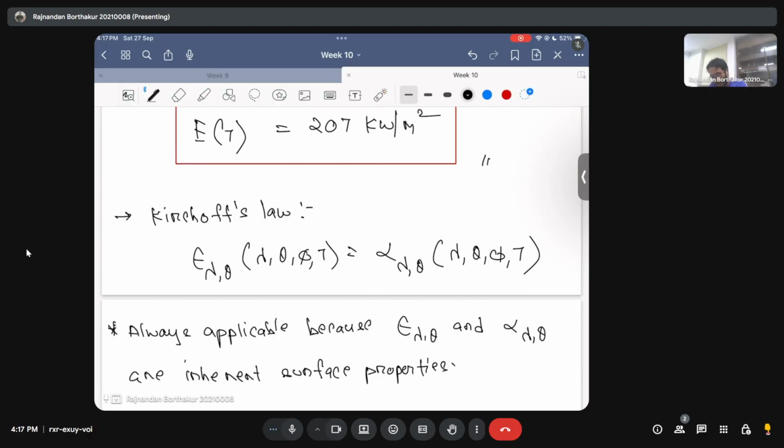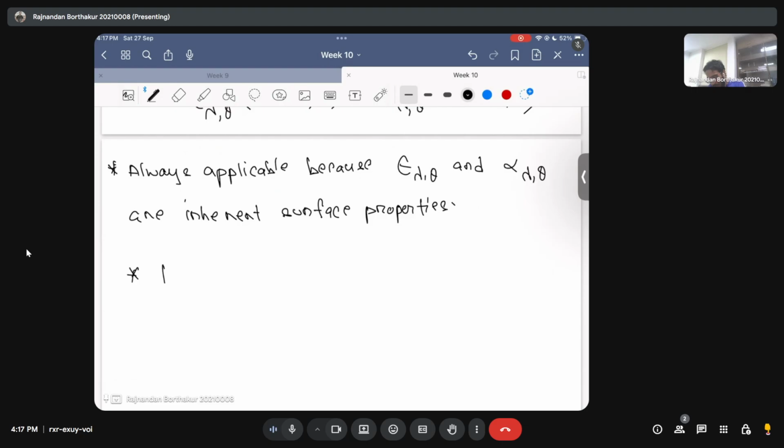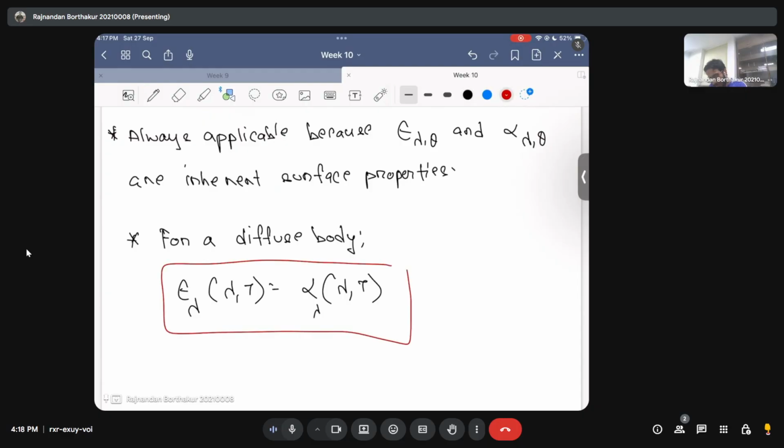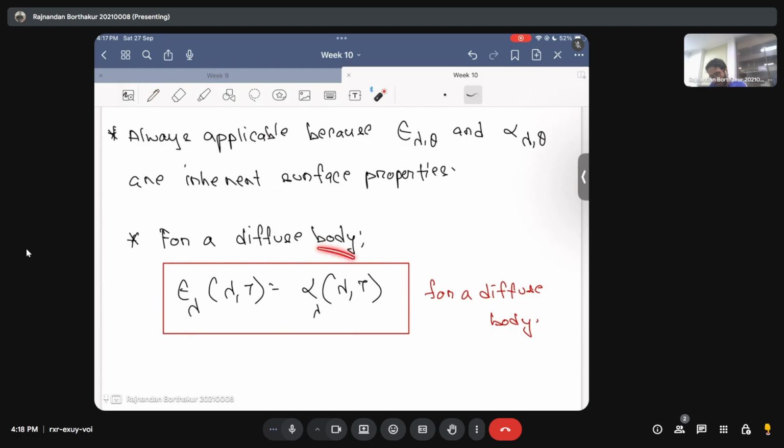So the corollary is that for a diffuse body, although this is not true in general, Kirchhoff's law simplifies to epsilon lambda, which is just a function of lambda and T, equal to the absorptivity alpha lambda, which is also just a function of lambda and T. So please pay attention here that this is not always true in general, but for a diffuse body, since the properties are independent of direction, I can write that epsilon lambda equals alpha lambda.